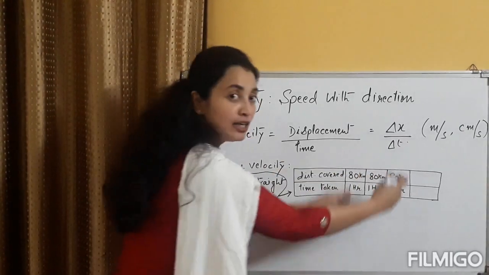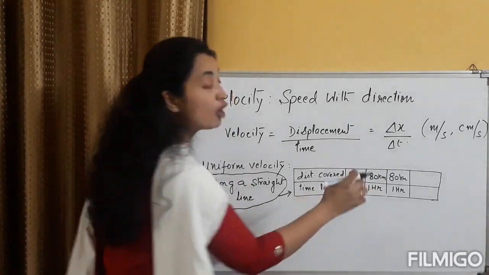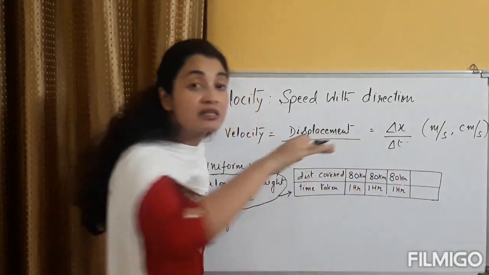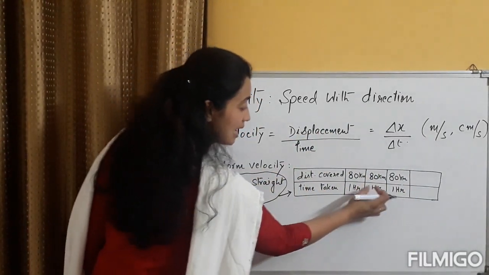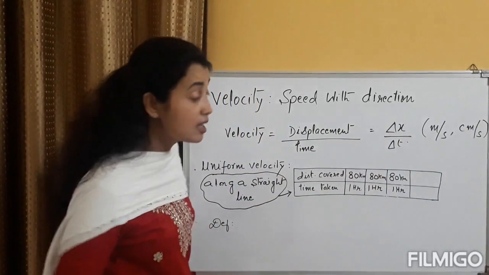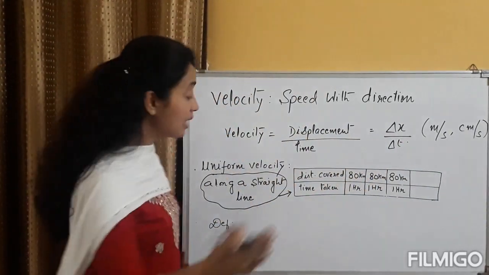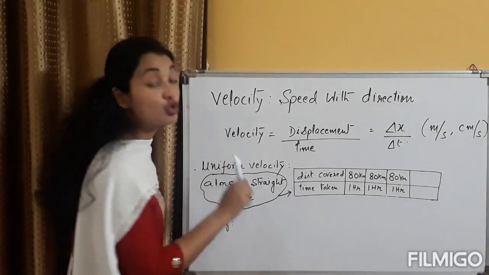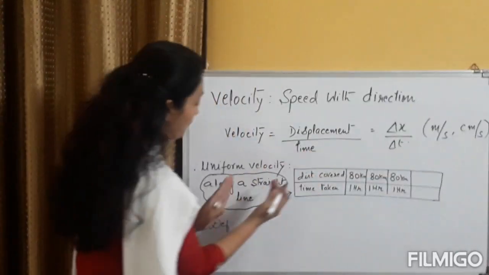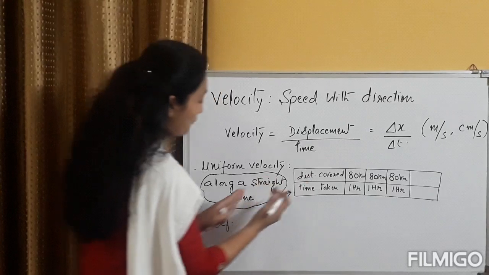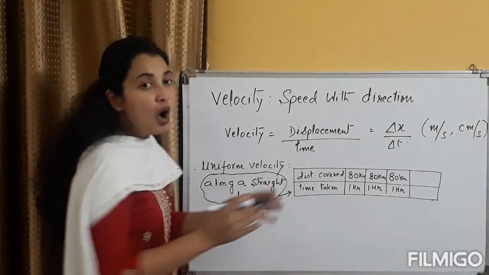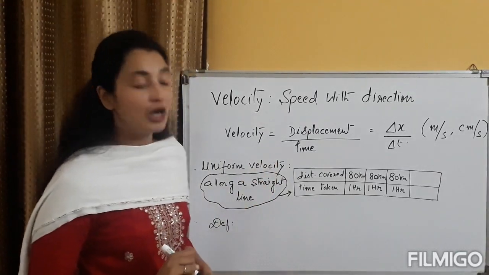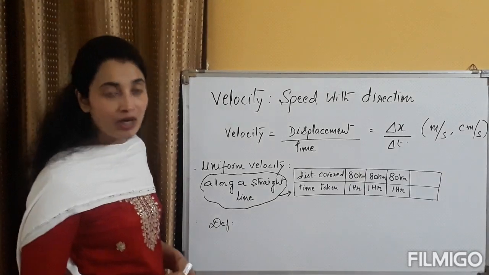Along with the magnitude part, magnitude meaning the amount of distance upon the amount of time, it is 80, 80, 80, the distance is the same and the magnitude of time is the same, 1 hour time slots. Apart from this, there is a specification that this train is moving in a straight line. So magnitude plus direction, combined, gives us the idea about velocity. So are you ready to define velocity?